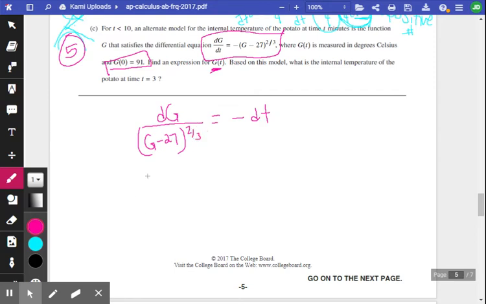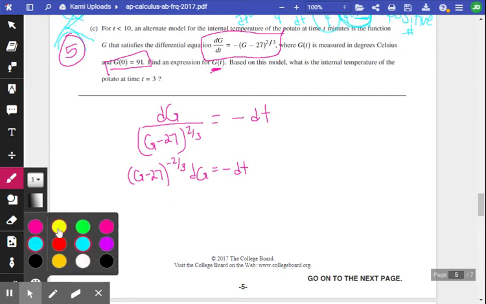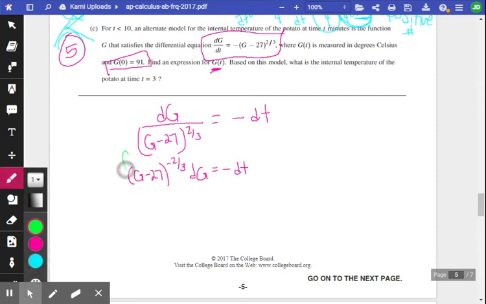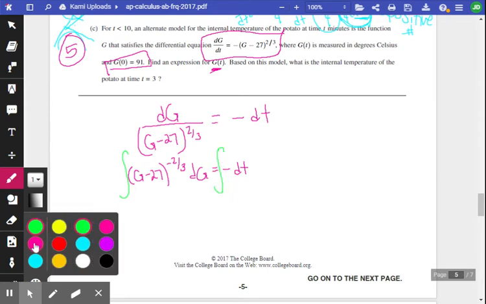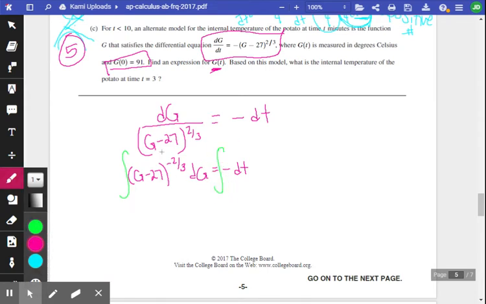I don't like this on the bottom, so I am going to write this as g minus 27 to the negative 2/3 dg equals negative dt. Okay, next step, integrate both sides. So the integral of this, because this is only g minus 27, there's no coefficient with the g, I don't have to use substitution.